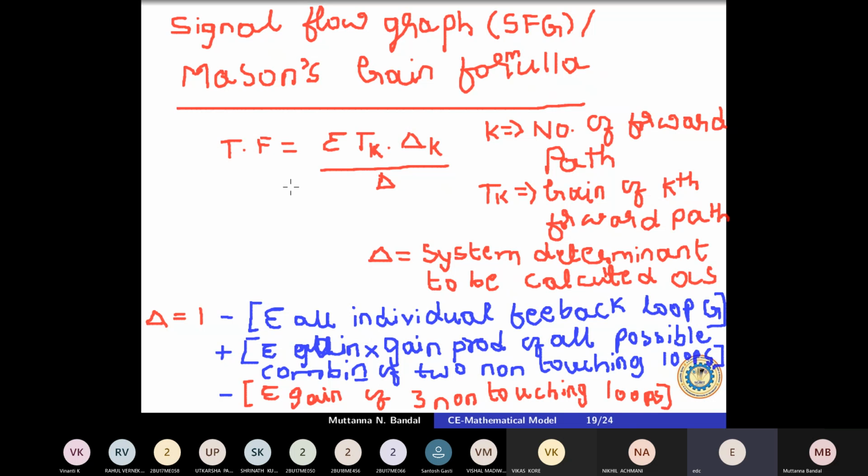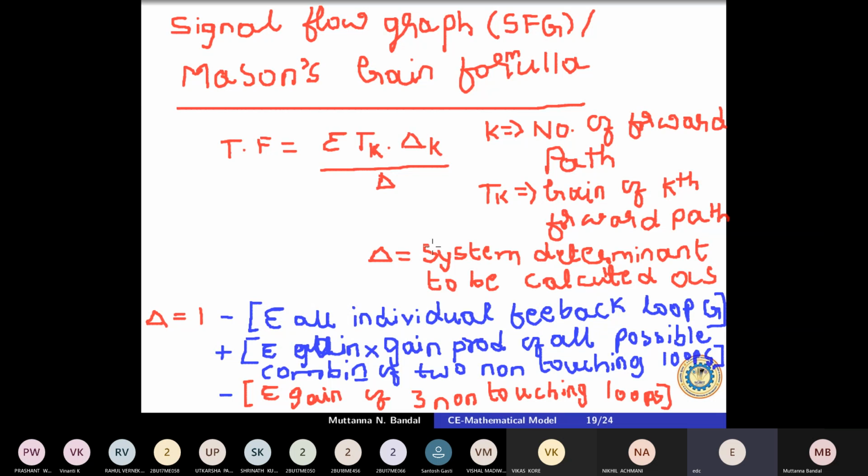Already we know it is the ratio of output to input, and the summation means summing up over all the loops. Summation of Tk, where k refers to the number of forward paths, I will explain what a forward path is. Tk refers to the gain of the kth forward path, and delta k is the kth forward path determinant.